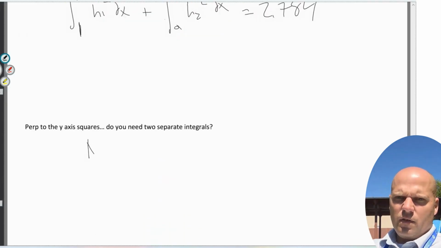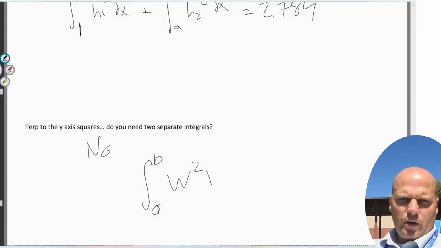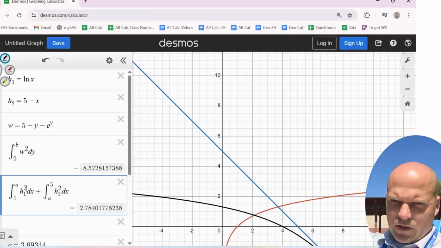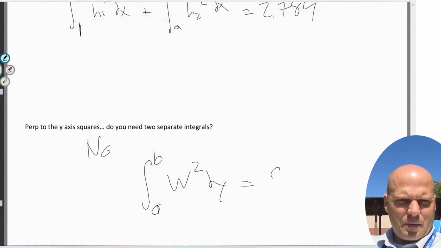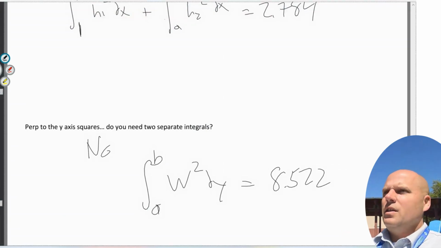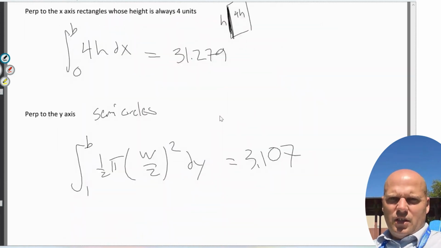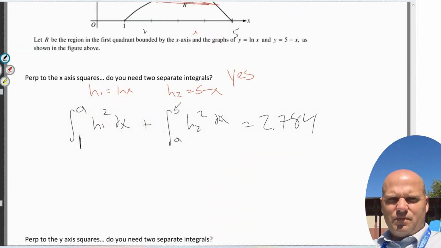The answer is no. I just need from 0 to b my width squared. Ends up being different values. That's okay. 8.522. It's tough to see, but the objects will be different based on the shapes. They'll look similar, but they'll be different.